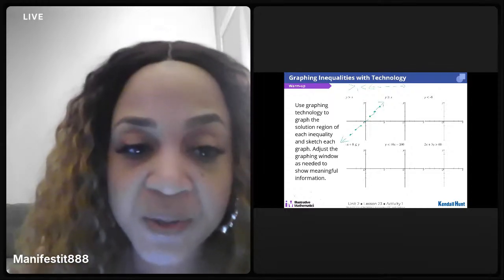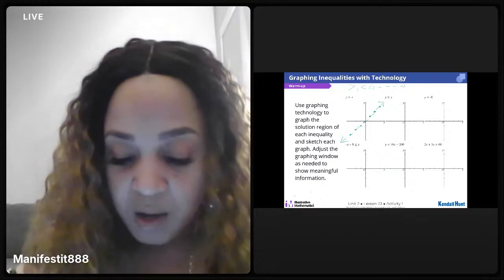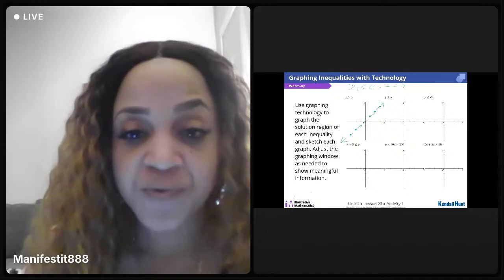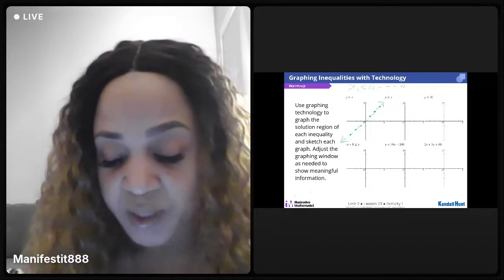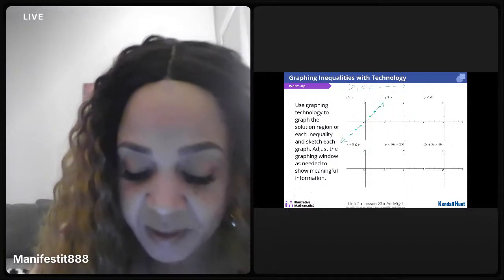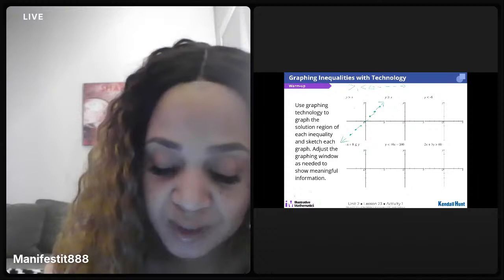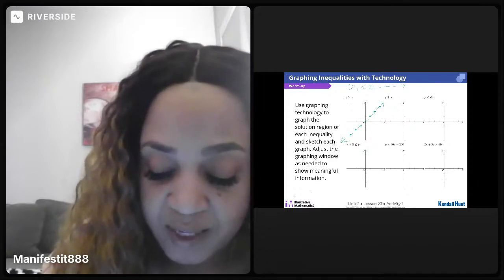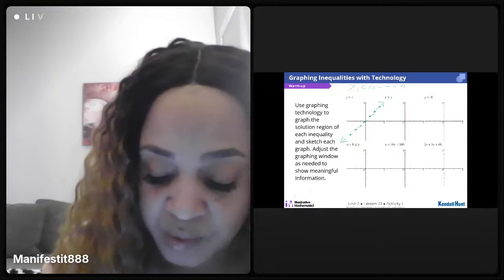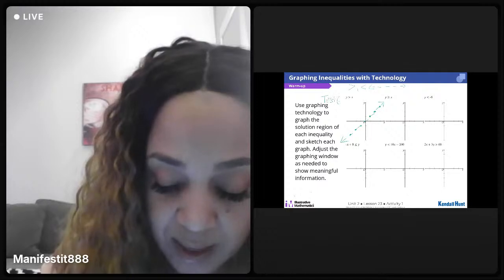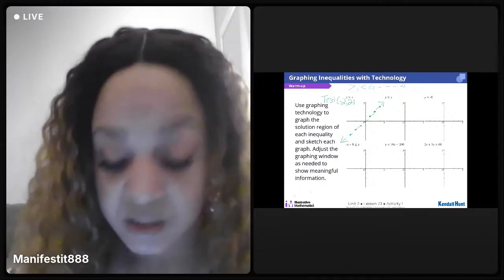And now we're going to figure out whether we shade above or below. You can pick any random point and decide whether or not it holds true for that inequality. So I'll choose the point -2, 2. That's the point that I'm going to test: x is -2, y is 2.